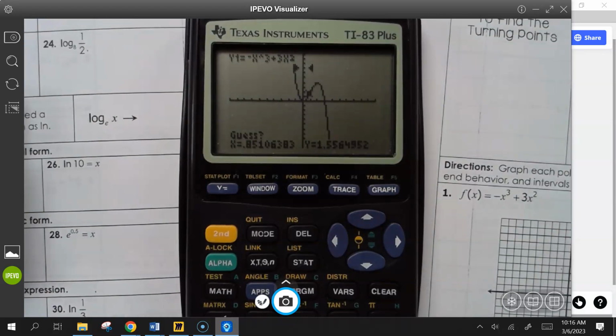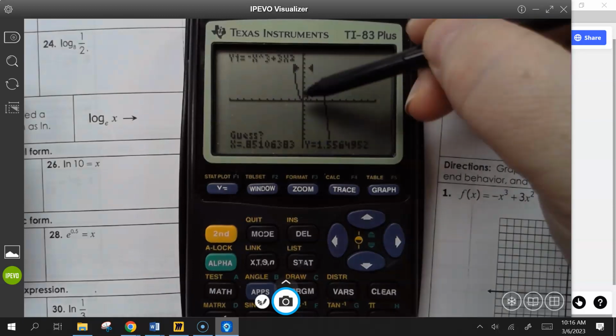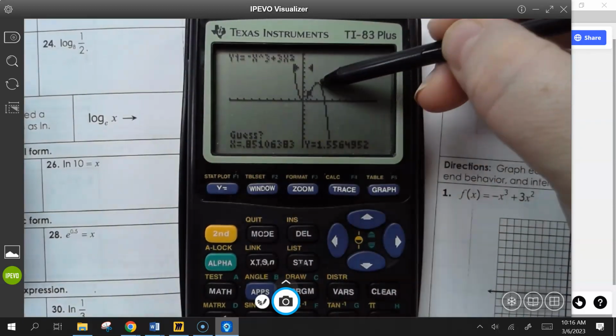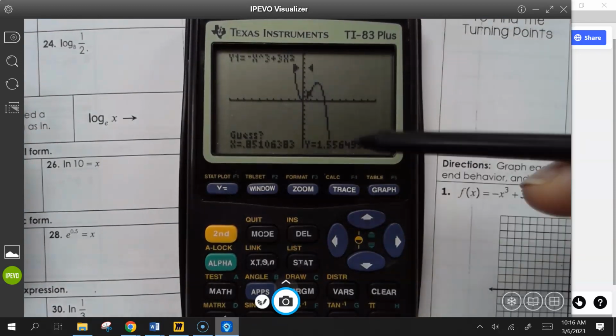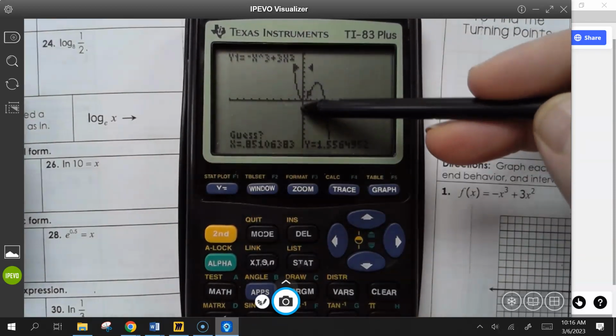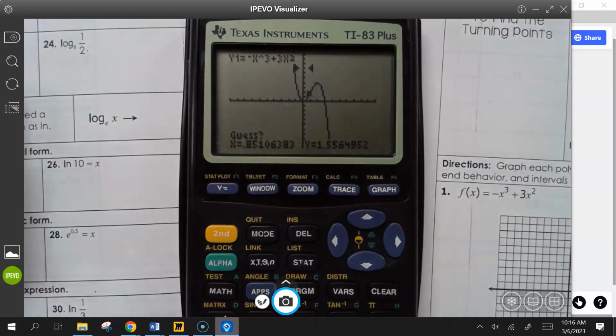Just make sure you've gone past the minimum as you go right. Generally, you can put the little spider on the minimum and then hit right 3 times and you're good. But just notice how I hit right enough to where it was past where I know that minimum is. And then you have to hit guess that one last time so that you can calculate that point. Just hit enter.